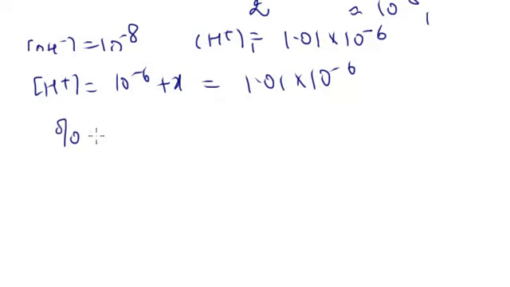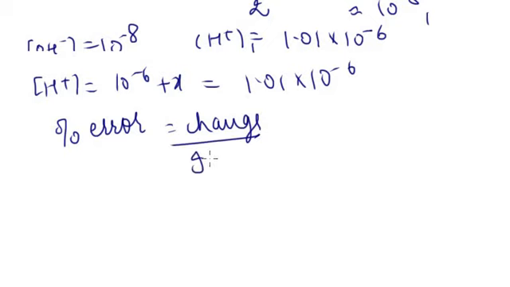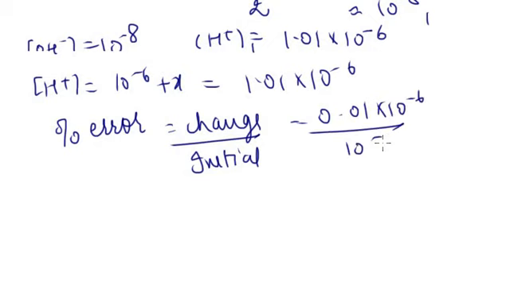If we try to calculate the percentage error by dissolving 10^-6 molar HCl into a neutral solution, that is the change in H+ divided by the initial value of H+. So that is 0.01 times 10^-6 divided by 10^-6, times 100. So that turns out to be 1%.